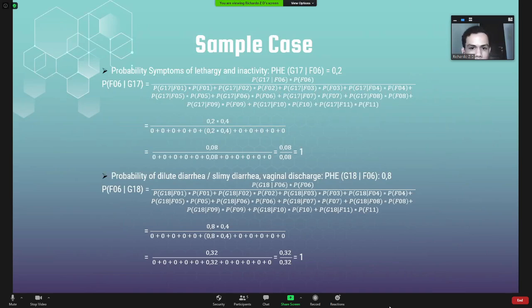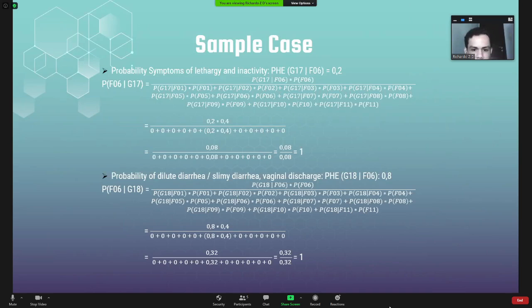And next we count the third symptom, the probability of dilute diarrhea, or simply diarrhea and vaginal discharge. And we get the probability is 0.8. Now we calculate this same like before, and we get the result is 1.